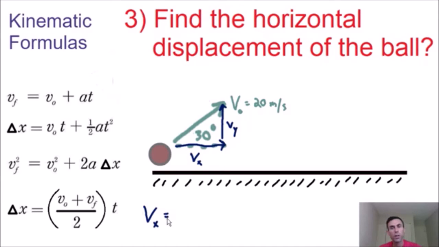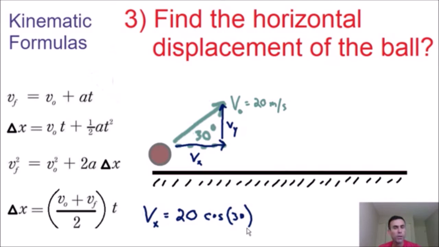We know that the horizontal velocity is going to be equal to our initial velocity of 20 meters per second multiplied by the cosine of our angle, 30 degrees. So we're going to multiply 20 times the cosine of 30 degrees. If you don't understand how I did that, you can go back to my first video, where I explain how we use trig functions to solve for the horizontal and vertical velocity.